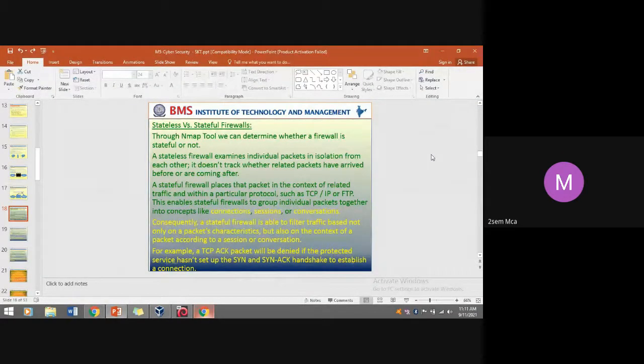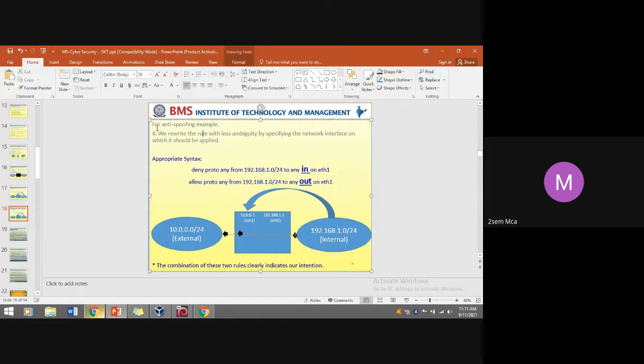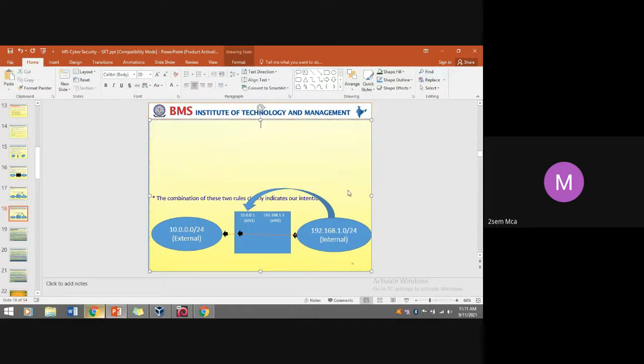Then, stateless versus stateful firewalls. This is another interesting subtitle. Coming here, for stateless firewalls I'm using another slide for explaining instead of this. Take the same slide.